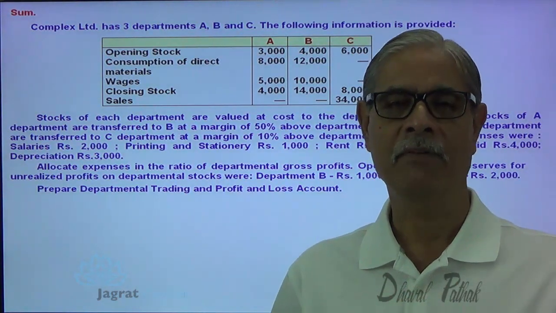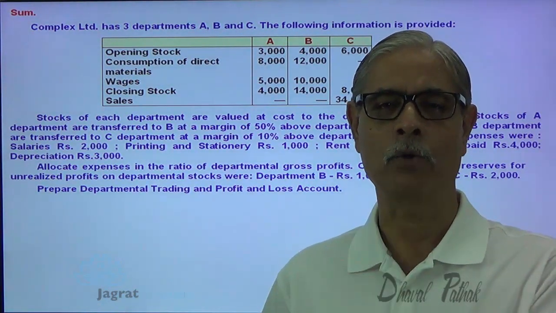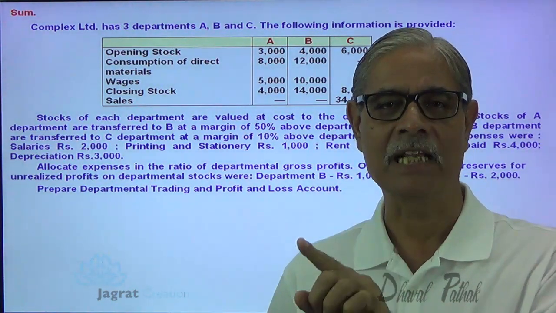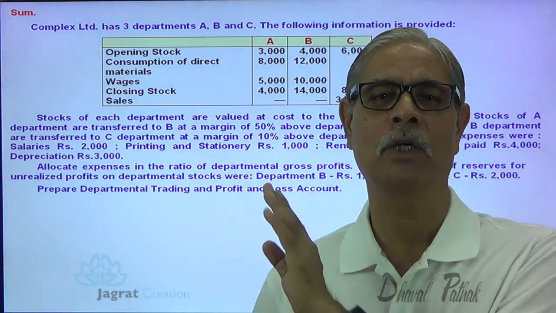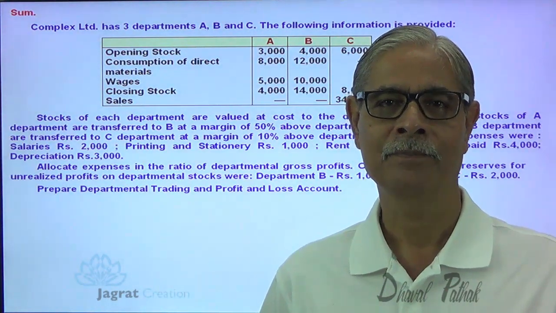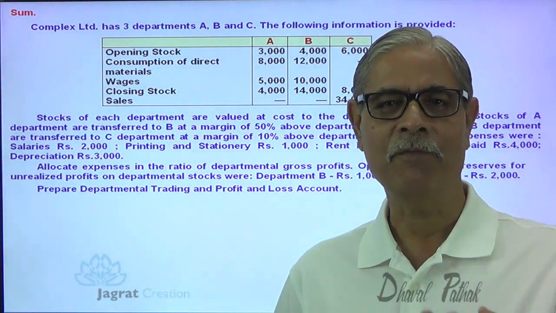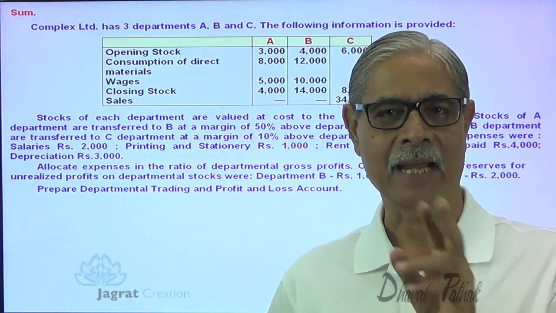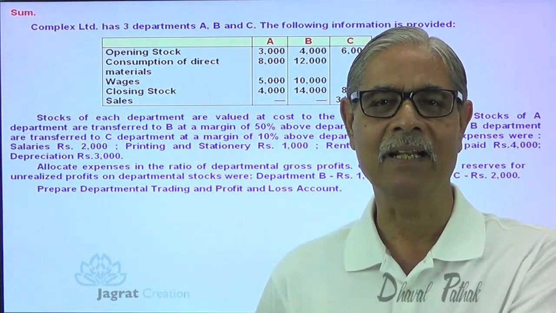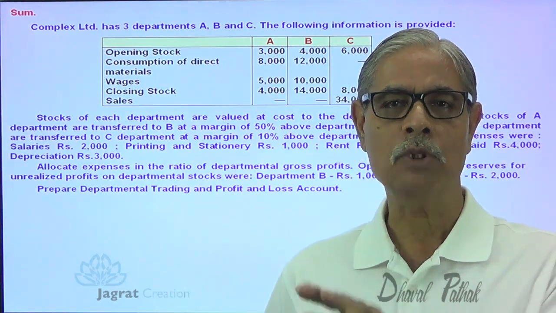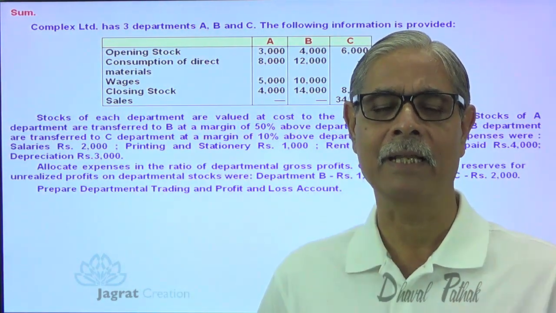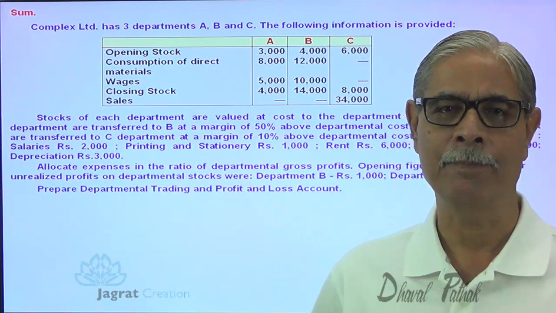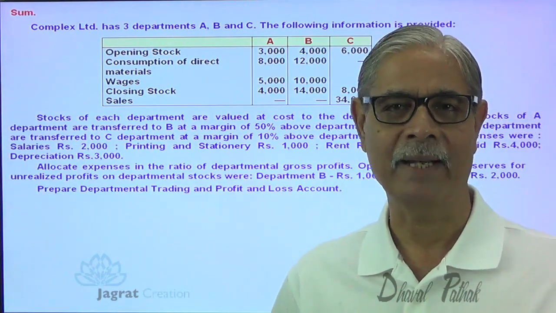But when the goods are transferred from one department to another at a profit, and out of the goods transferred, some are left unsold at the end of the accounting period, then it is obvious that the profit charged by one department to another at the time of transfer does not get realized, because the goods are lying unsold in another department, and the departments are under common ownership. So the unrealized profit issue arises.